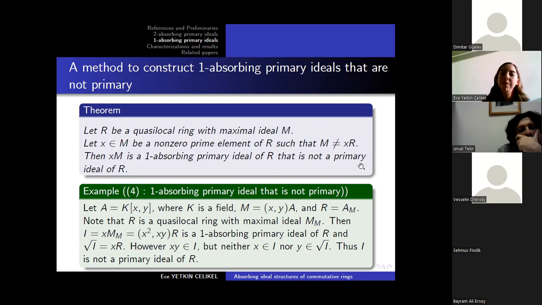That's not primary. So we can build such examples by using this method. So here is the application of this theorem. You can use it this way.